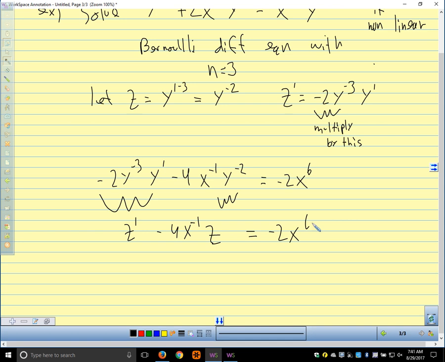This is a first order linear differential equation. P of x is minus 4x to the minus 1, and q of x is minus 2x to the 6th. And I'm just going to put a note over here. That's first order linear.